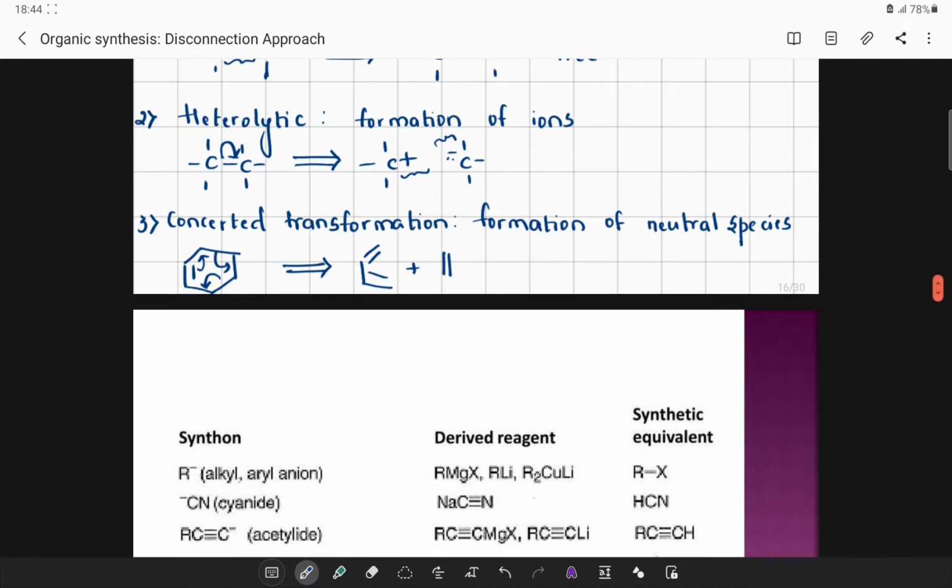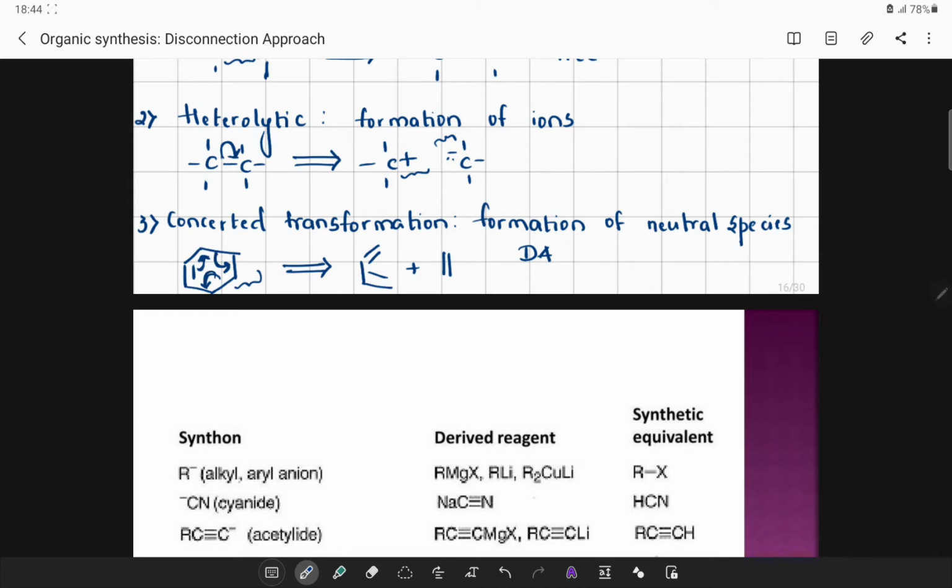When we say concerted transformation, that is the formation of neutral species. Now this you must have seen when you have done a Diels-Alder reaction. When a diene reacts with a dienophile, it is going to give me a Diels-Alder adduct. When I try to do a cleavage of a Diels-Alder adduct like a cyclohexenone system, there is a concerted cleavage of the whole system.